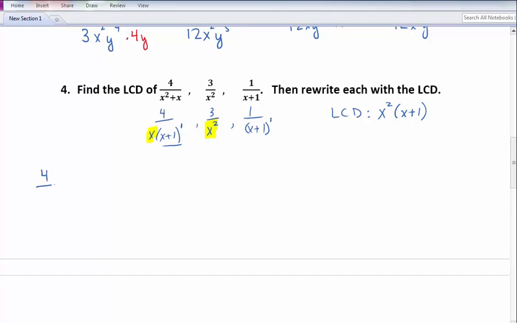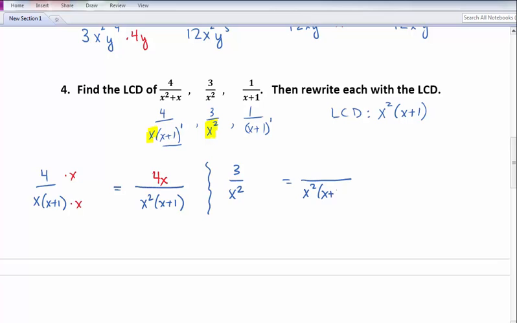So then when I rewrite each of these with a denominator of x squared times x plus 1, go back and figure out what's missing. Well, in this first one I'm missing an x. So this will be 4x over x squared times x plus 1. If I do 3 over x squared, and I want to rewrite that as a denominator of x squared times x plus 1, the thing that's missing is the x plus 1.